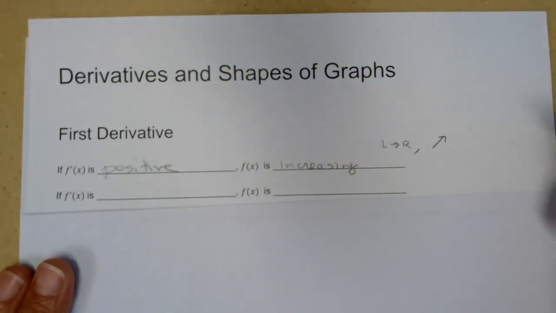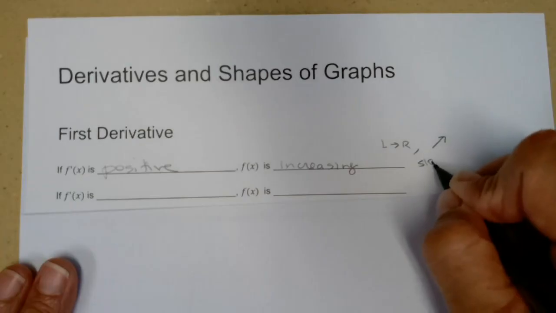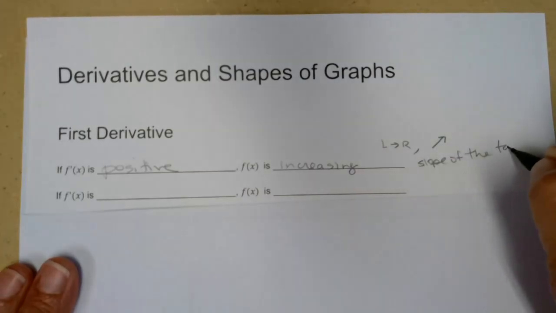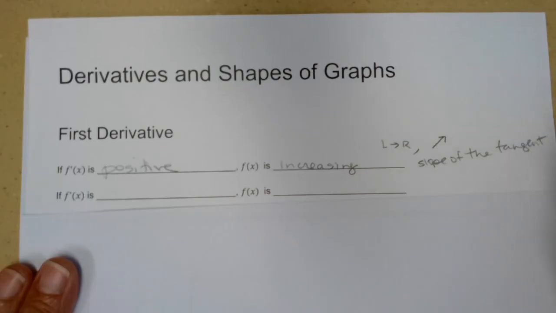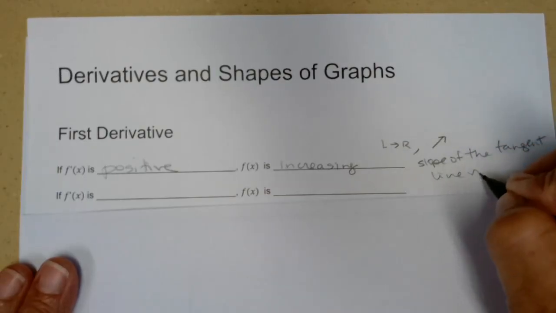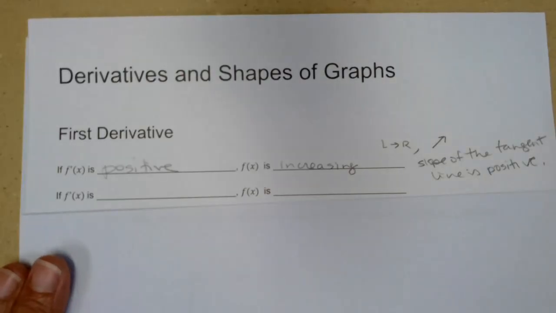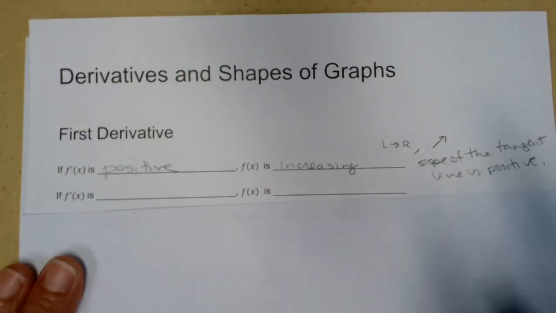Okay. The other thing it means is the slope of the tangent, the slope of any line tangent to the graph, is positive. All of those things are telling us the same thing.